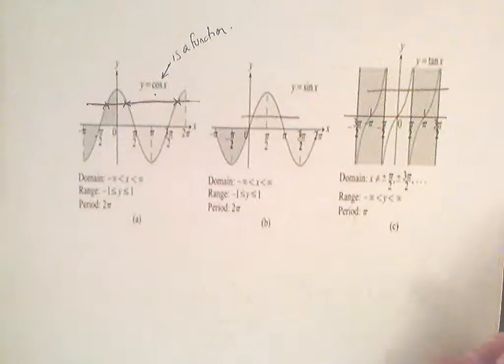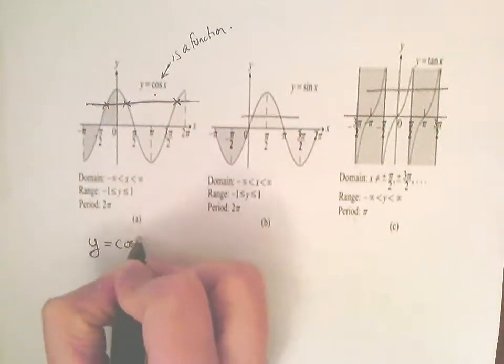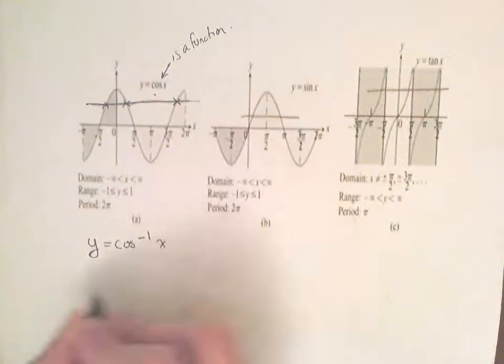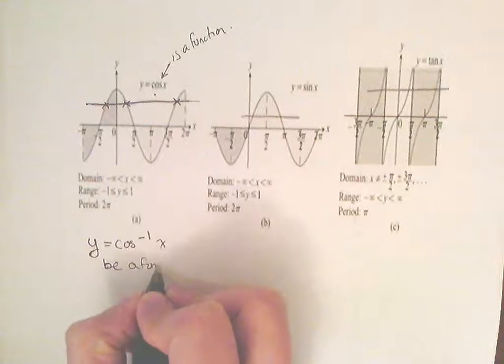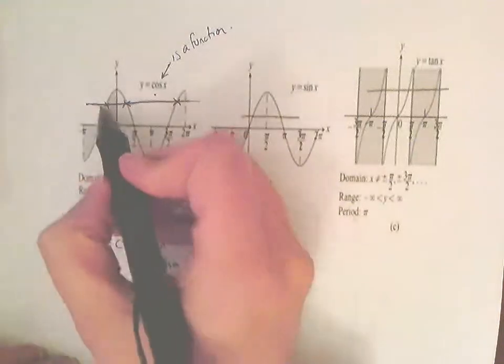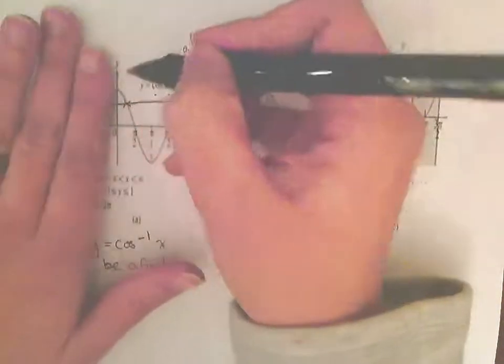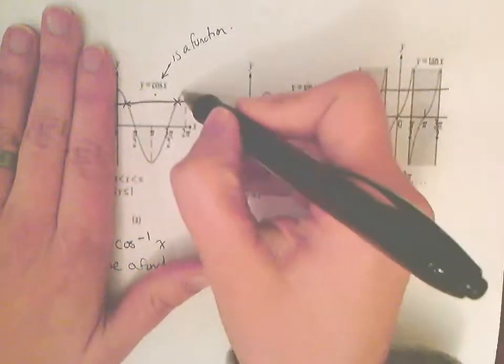So what this means is, in order to have the inverse of cosine of x be a function, I'm going to need to restrict it to the point where it passes. I see here that it fails here, so I'm going to cut this part off completely. And after this, we know that the graph goes back down, so it starts to fail.